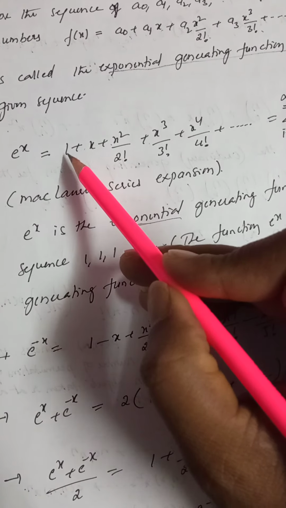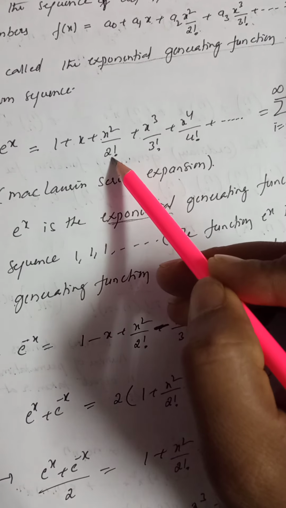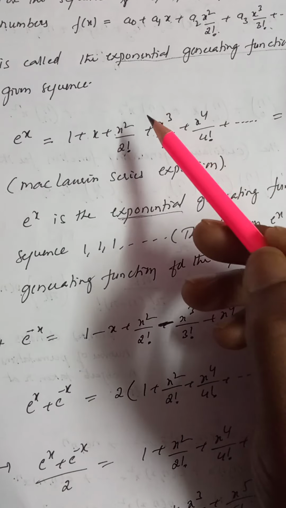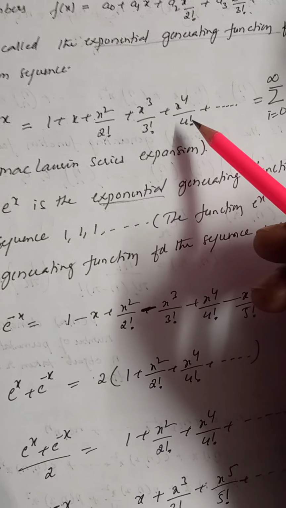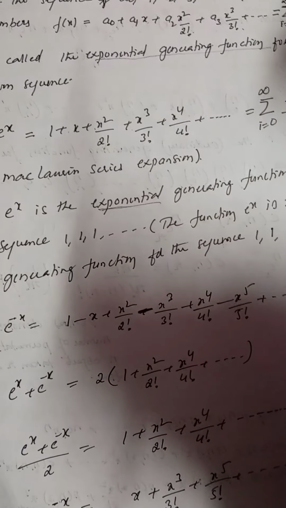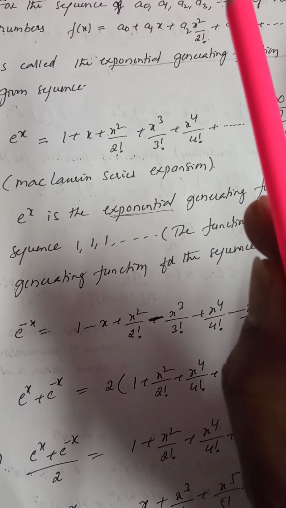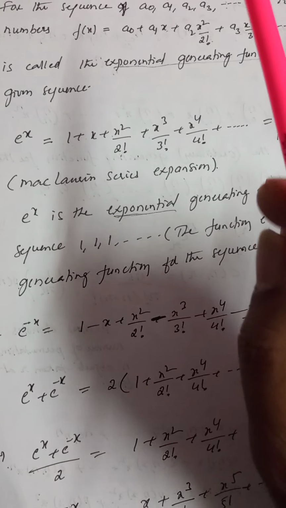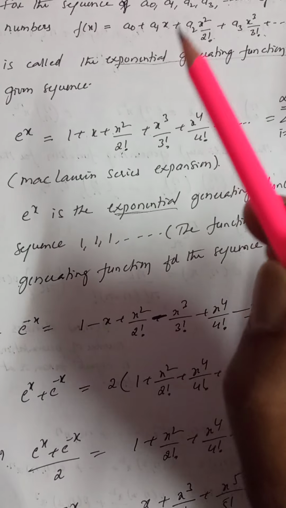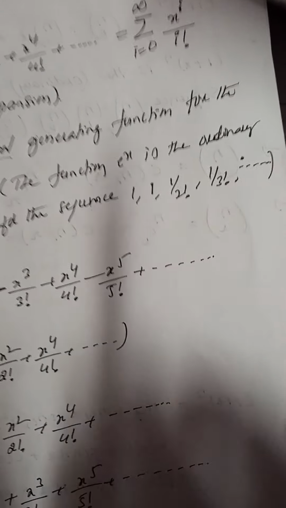Here x power 0 coefficient is 1, x power 1 coefficient is 1, x square coefficient is 1 by 2 factorial, x cube coefficient is 1 by 3 factorial, x power 4 coefficient is 1 by 4 factorial and so on. That means e power x is the generating function, or more clearly the ordinary generating function, for the sequence 1, 1, 1 by 2 factorial, 1 by 3 factorial and so on.